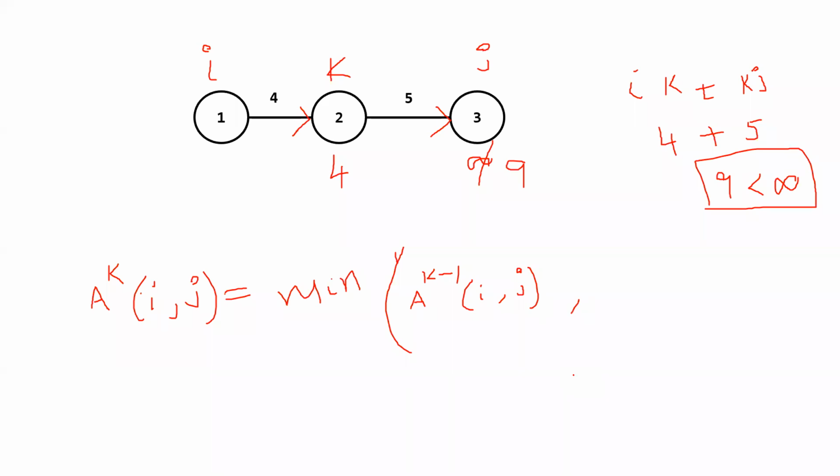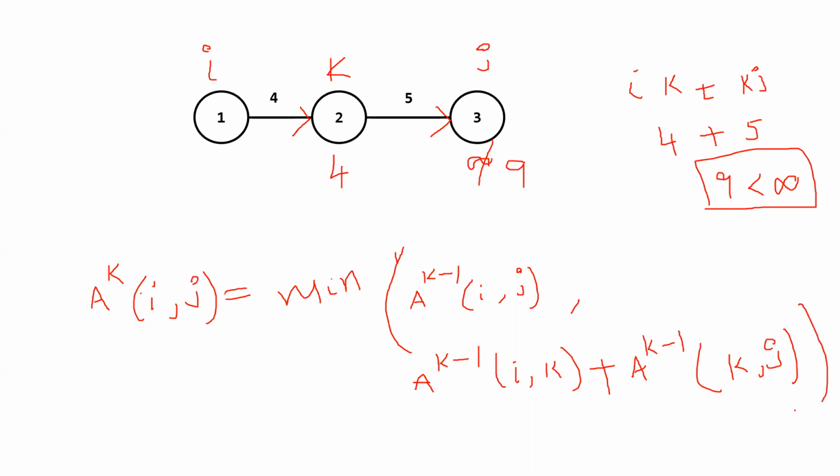Now, how did I get 9? I added the distance between i and k and the distance between k and j. So the second value will be A of k minus 1, the current distance between the nodes i and k, plus the current distance between the nodes k and j. Now you have two values.